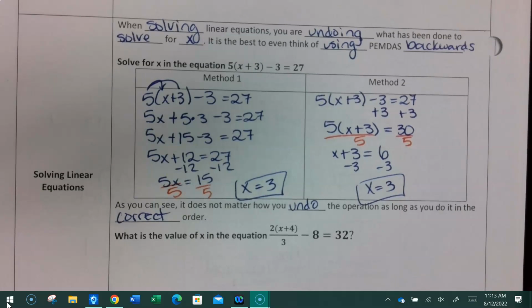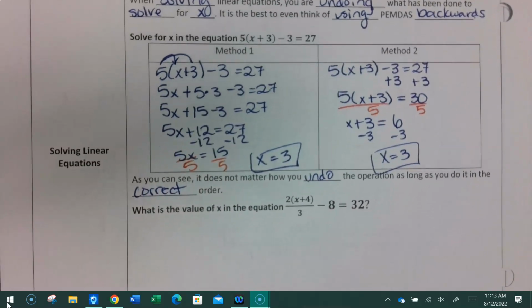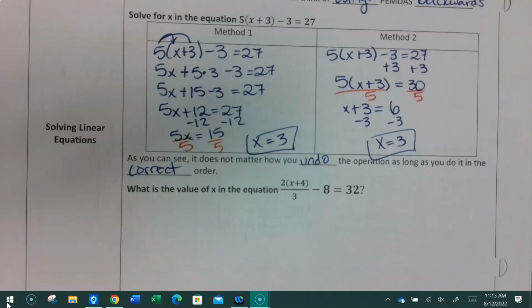What would you like me to do first? How would you like me to solve this first? You want me to distribute that too?